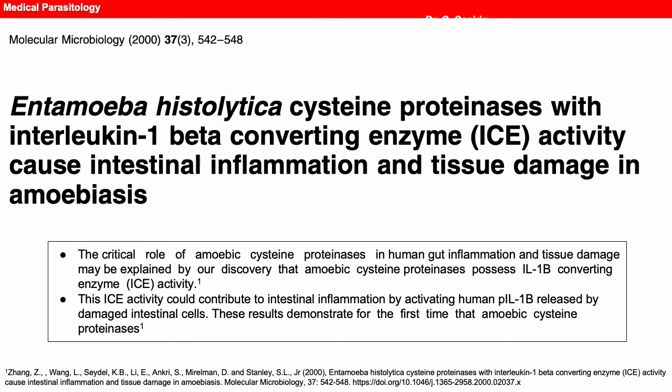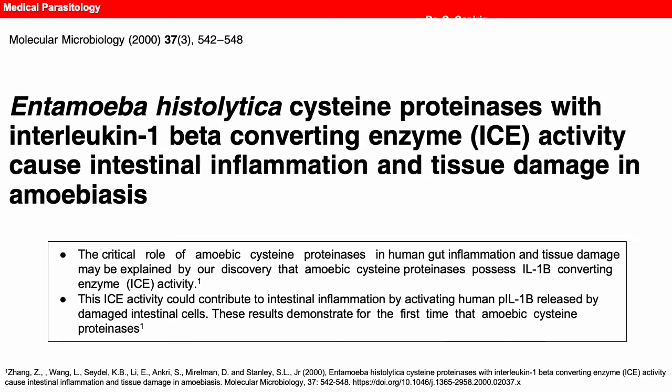It is a type of cytokine that produces fever, also known as a pyrogen. Pyrogens are substances or cytokines that can promote fever production. So interleukin-1 produces fever. Entamoeba histolytica has this interleukin-1 beta converting enzyme.